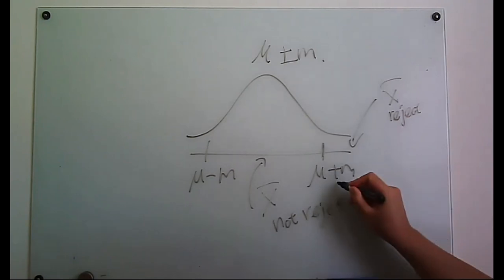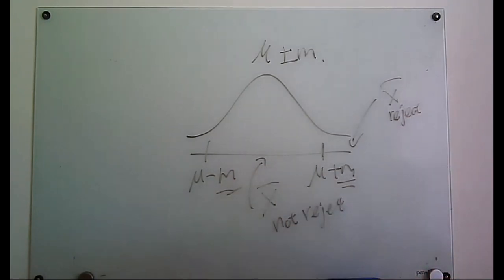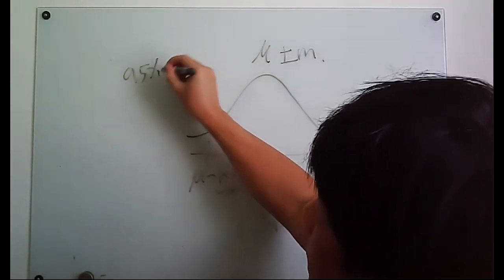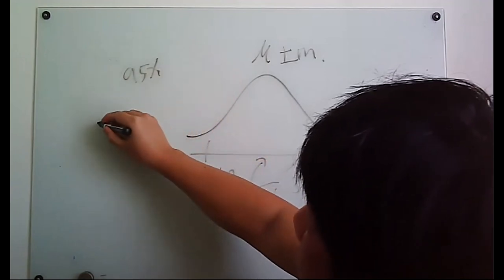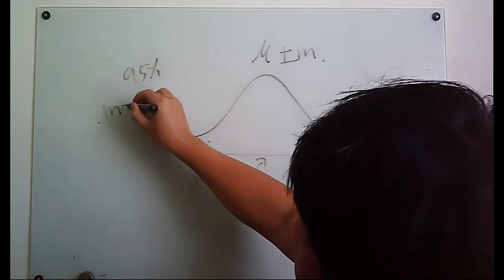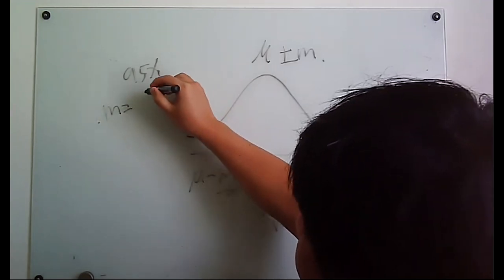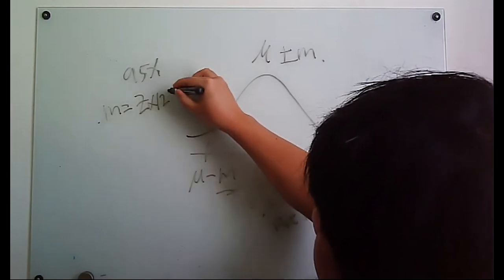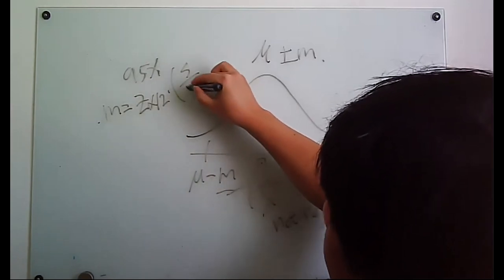So how do we get the m based on that? That is actually supported over here. In the previous chapter we learned that for the 95% confidence interval, m equals z alpha over 2 times s over square root of n, right?